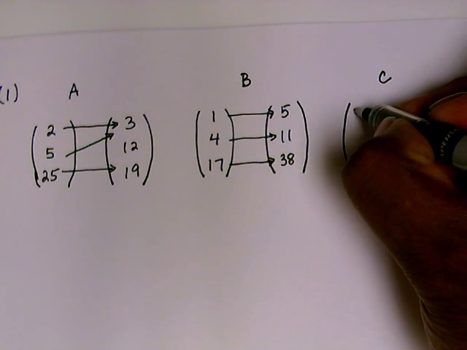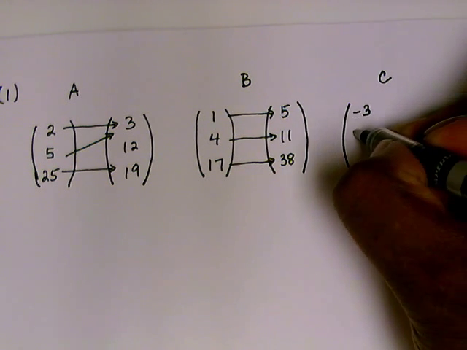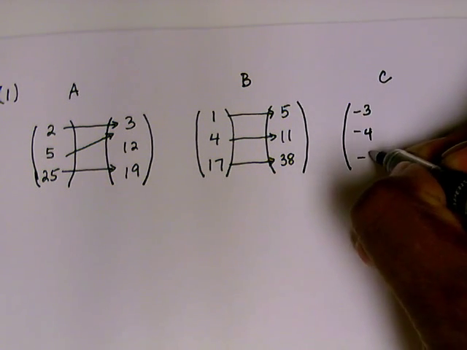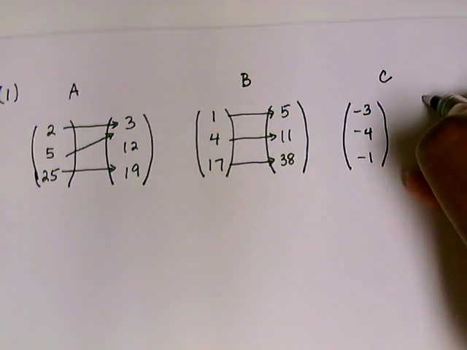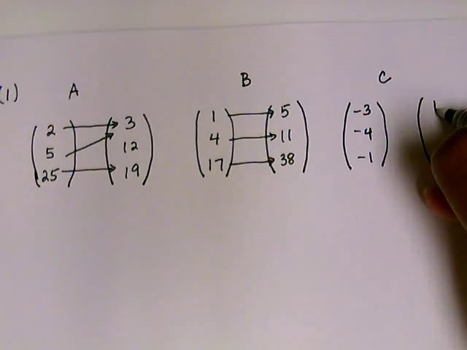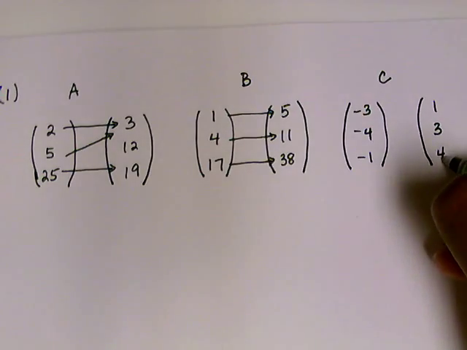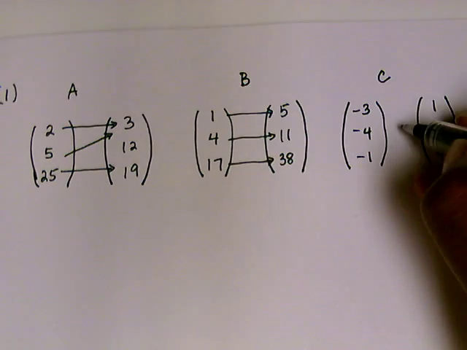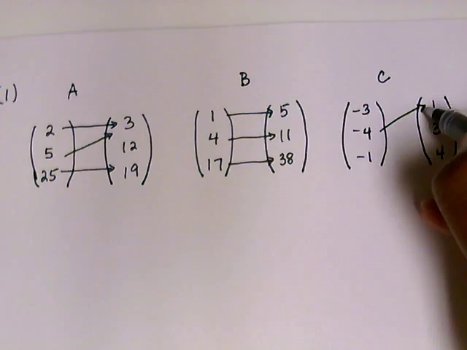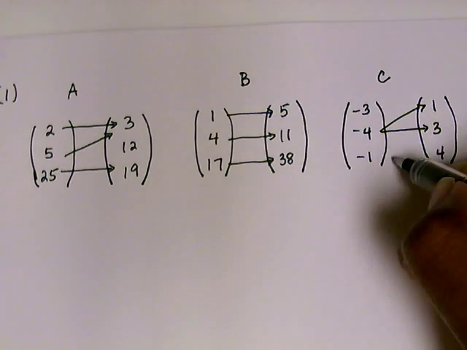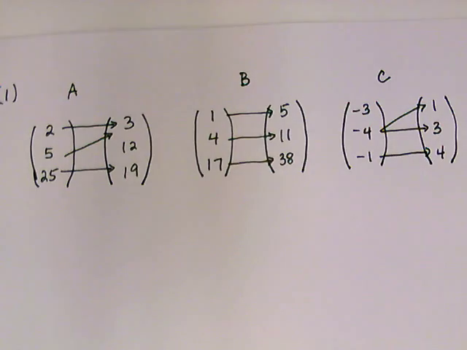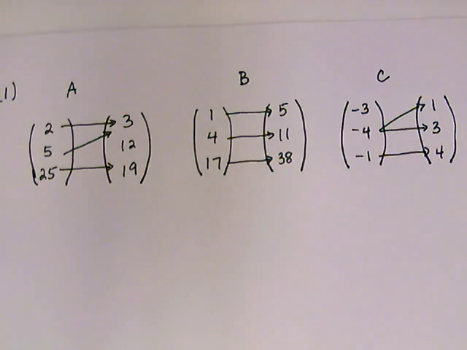Mapping C has negative 4, negative 3, negative 4, negative 1, and then 1, 3, and 4, where the negative 4 goes to 1, negative 4 goes to 3, negative 1 goes to the 4.